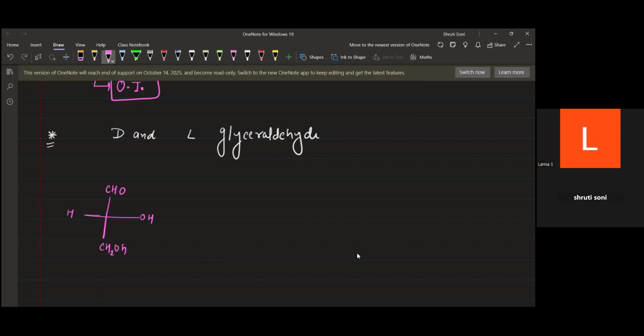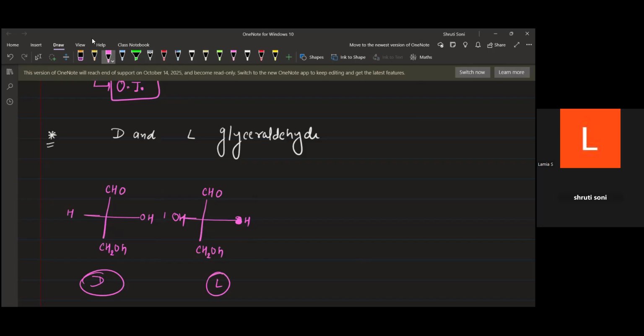Is this form D or L? It's gonna be D. Right? And the other one is L. So this is D-glyceraldehyde and this is L-glyceraldehyde.